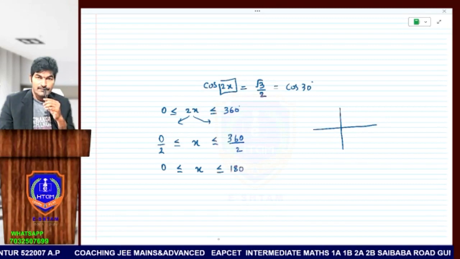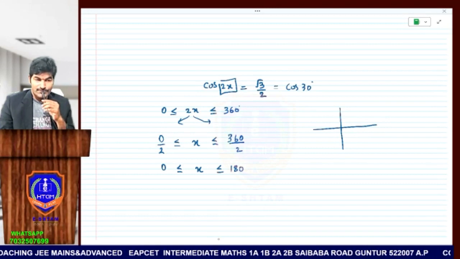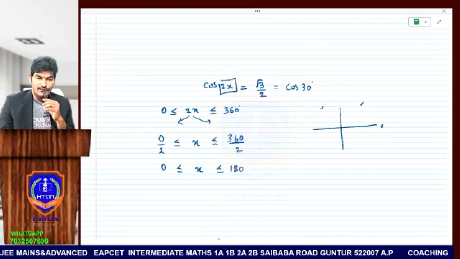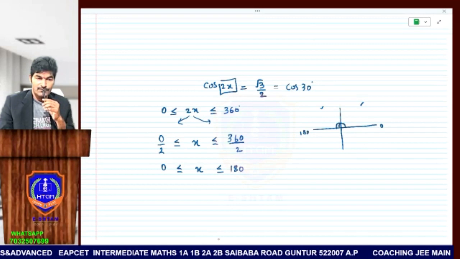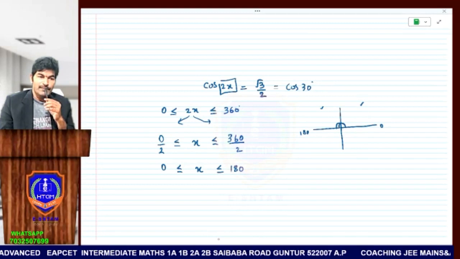So that means you have to say the answer between 0 to 180. Either in the first quadrant or in the second quadrant, you have to decide the answer. So you should use only the first quadrant or the second quadrant. That is the meaning of 0 to 180. But it was positive, no?